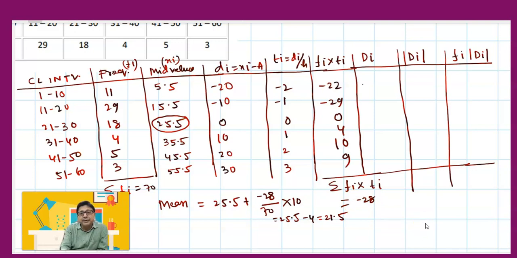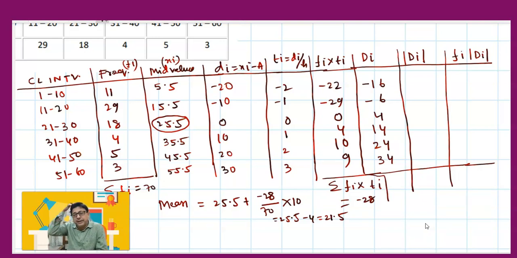This is minus 16, minus 6, 4, 14, 24 and 34. So we got the value of Di.